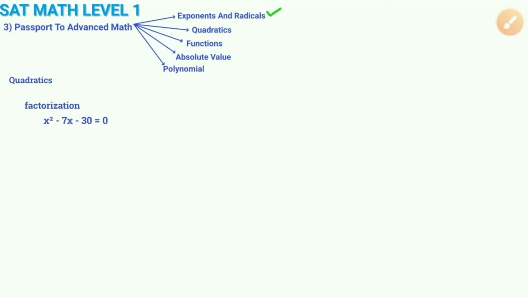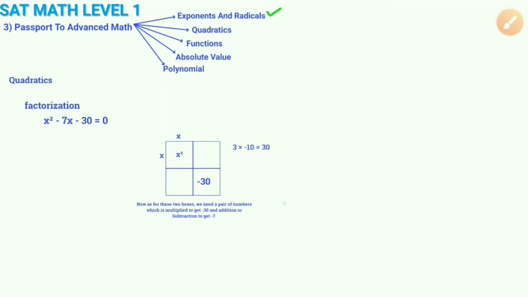We're going to discuss one by one, starting with factorization. We can make a box. Now as for these 2 boxes, we need a pair of numbers which multiply to get minus 30, and add or subtract to get minus 7. And there you go, we get the factors.